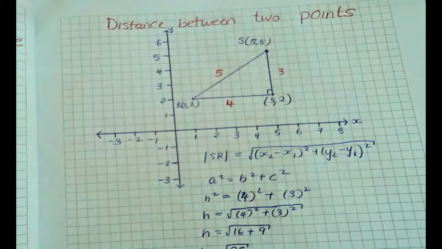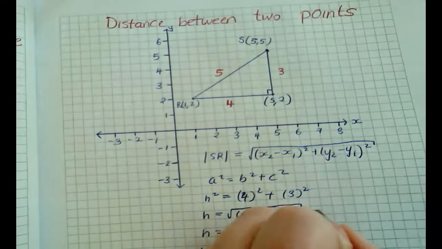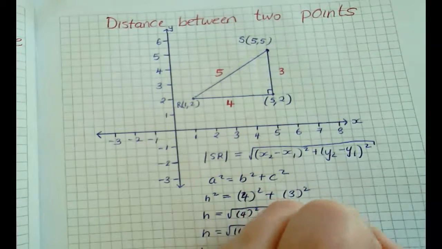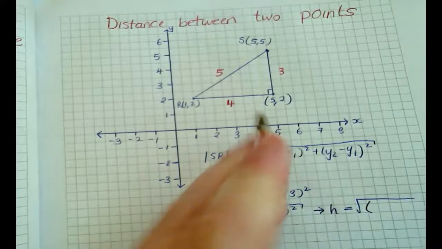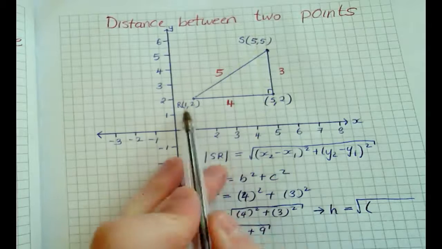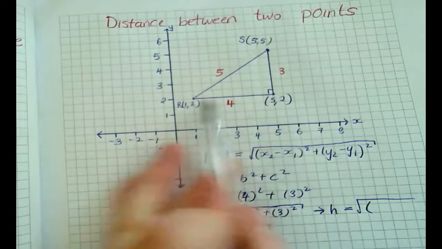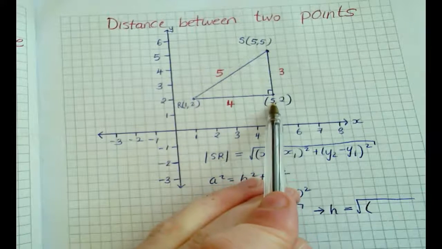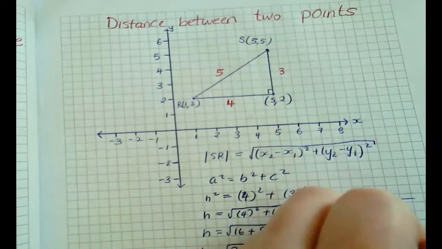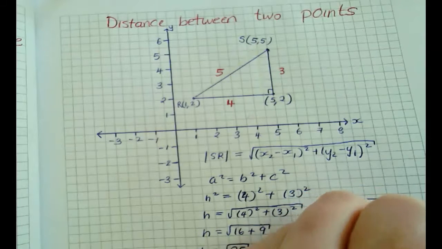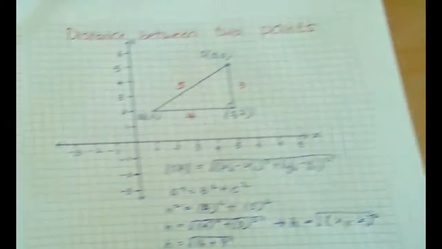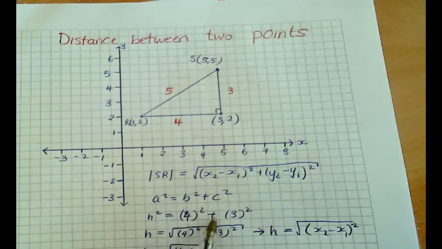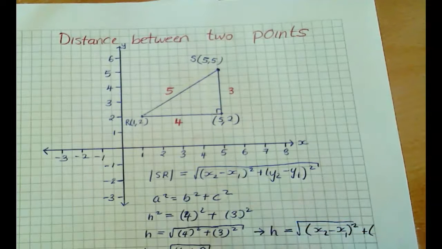But if we were to go back up here and rewrite that, the length of h is equal to the square root. Our 4 was the difference between our x's, so it's 5 take away 1. If we name this x2 and this x1, it's the difference of our x's to be squared plus the difference in our y's.